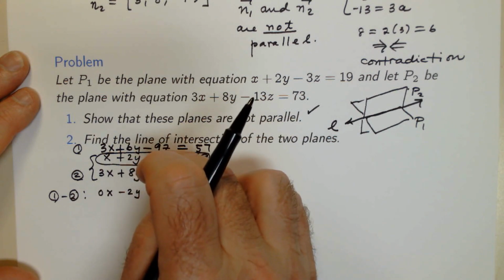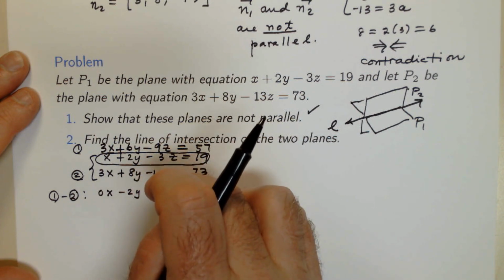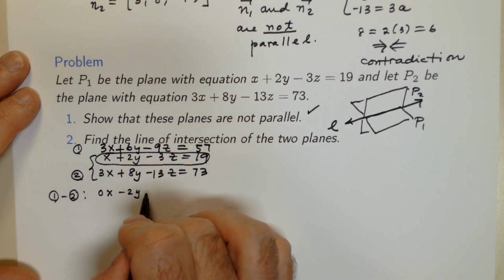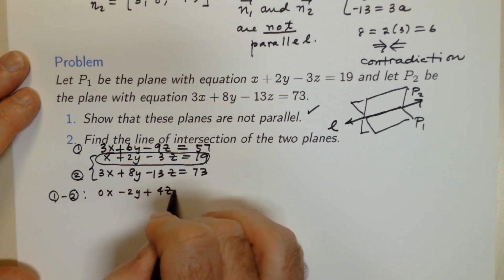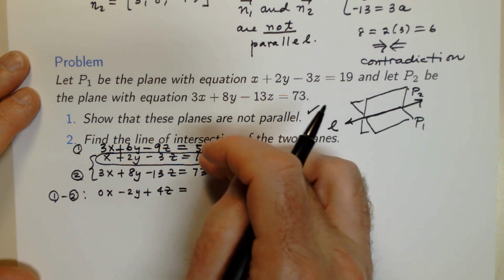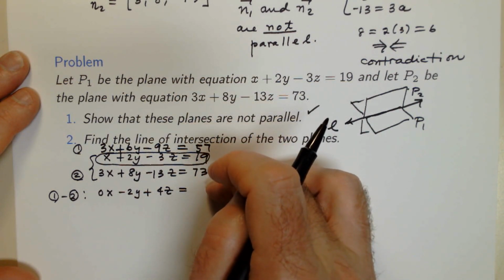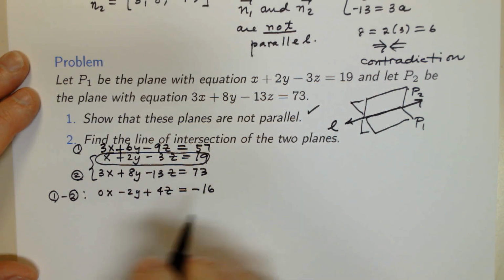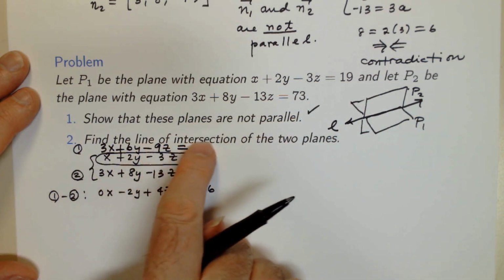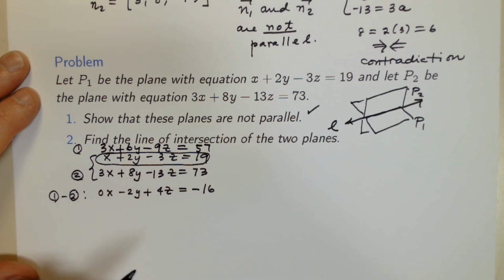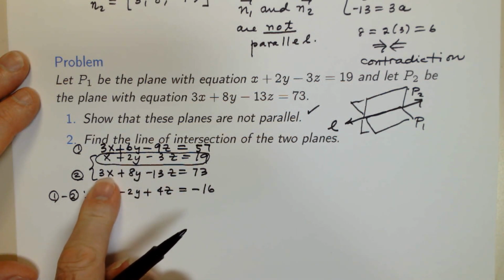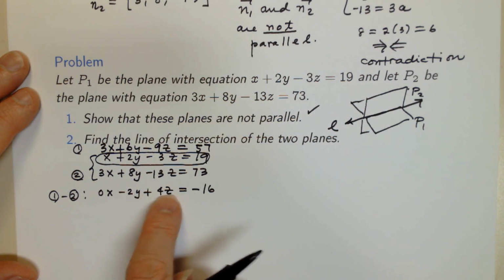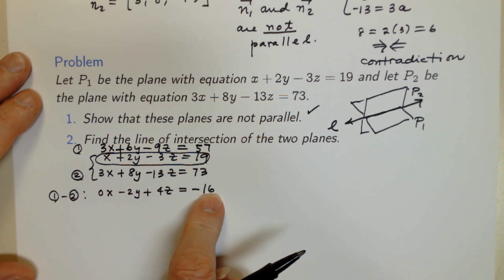I'll have minus 9z minus a minus 13z, so that's minus 9z plus 13z, which is plus 4z. And then I have the 57 minus the 73, that's a negative 16. So by subtracting equation 2 from equation 1, I drop the x out, and I now have a relationship that says negative 2y plus 4z equals negative 16.